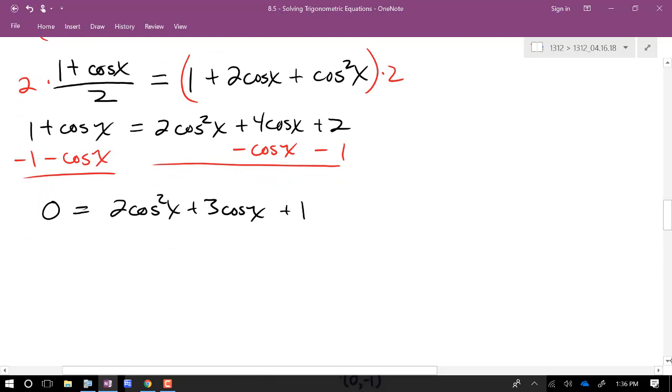Now let's see if we can unfoil this. 2 cosine x plus 1 times cosine x plus 1.